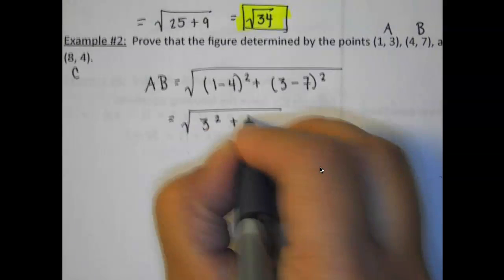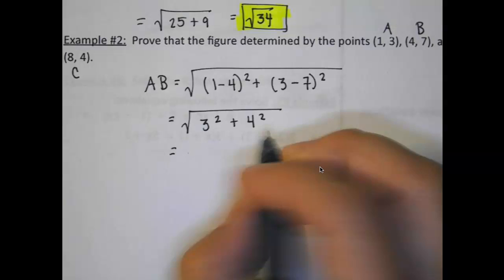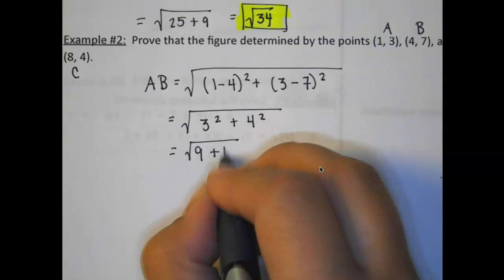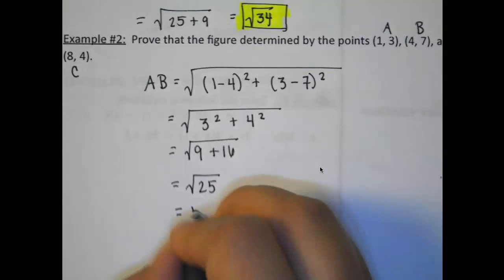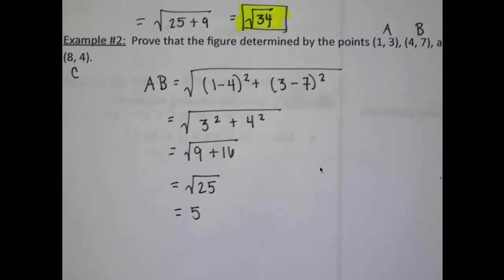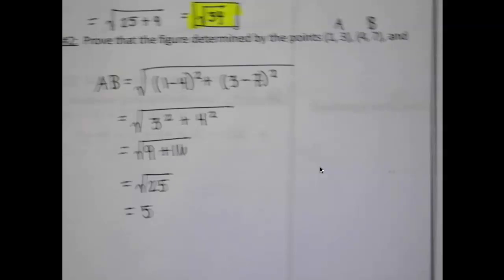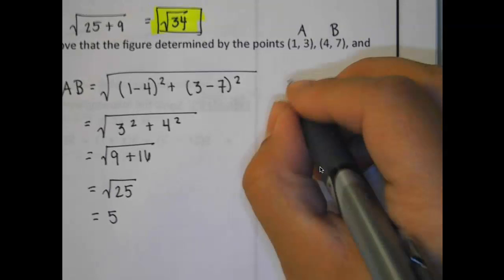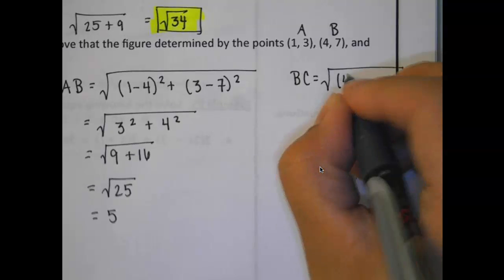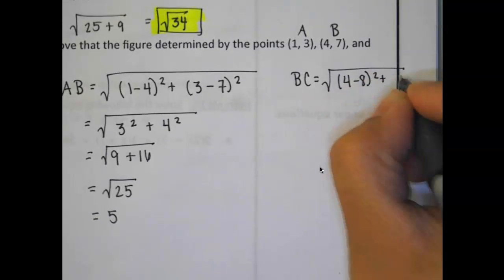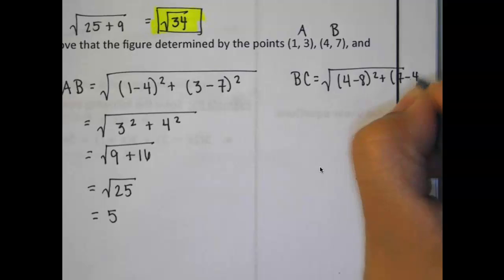3 squared plus 4 squared. 9 plus 16, which is 25, or 5. Is that what you guys got? Okay. Let's take a look at BC. For BC, I've got 4 minus 8 squared plus 7 minus 4 squared.